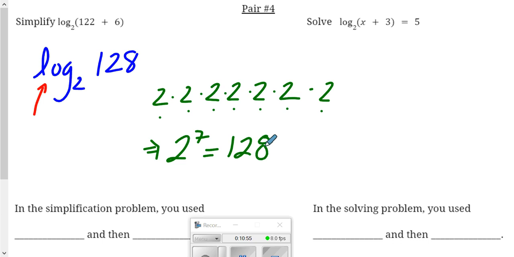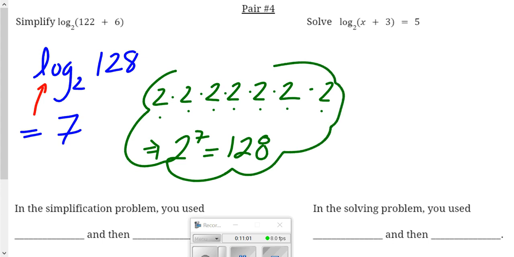So that means that the base 2 log of 128 is 7. This is my thought cloud work, okay, my thinking in my head, or with a pencil. So what we did in this is we had to add first, and then we evaluated the log, thought about an exponent.